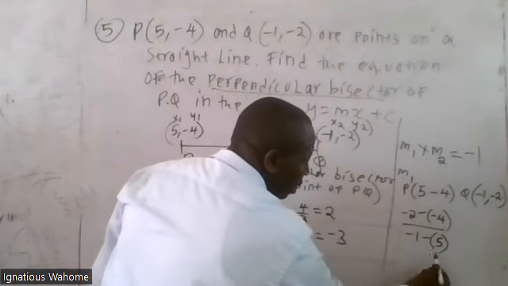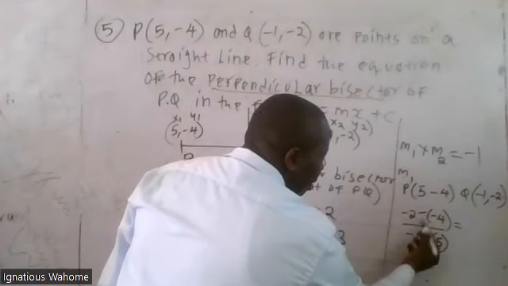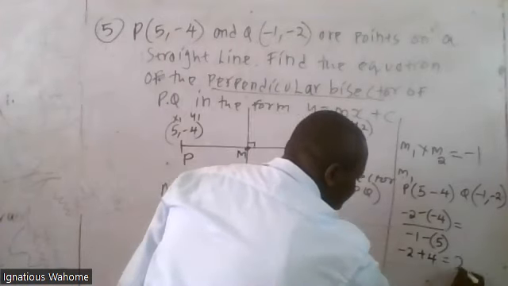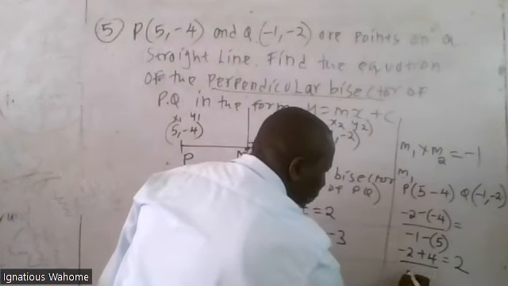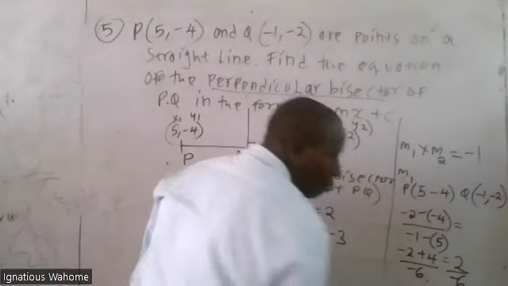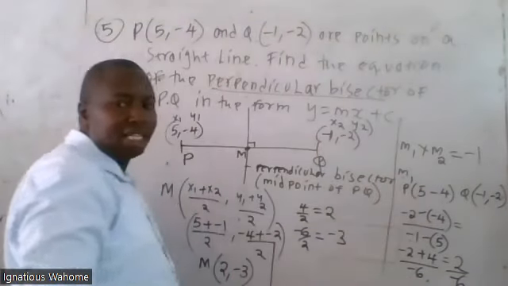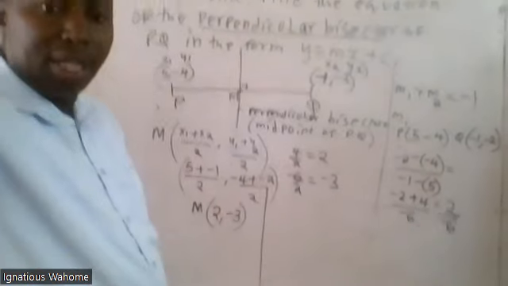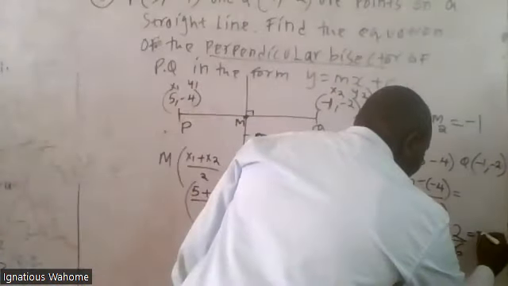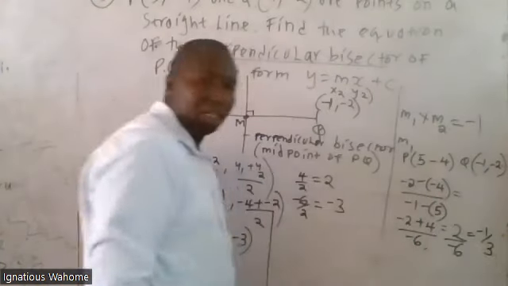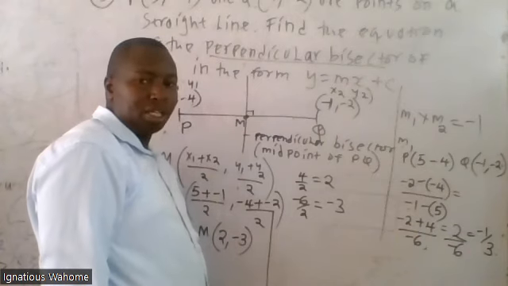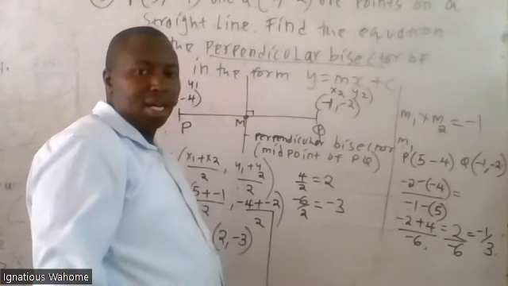That is -2 plus 4, which is 2, all over -1 minus 5, which is -6. So the gradient of this line is minus a third.